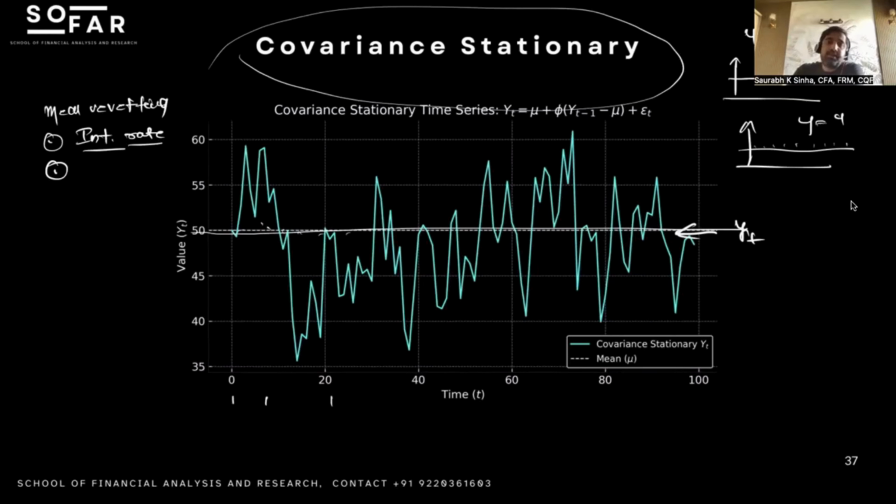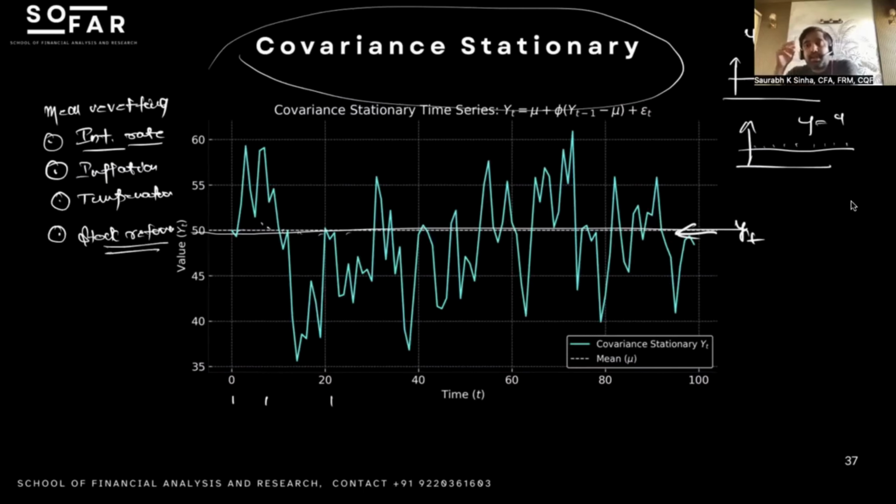Inflation. Yes, and definitely the temperature in India is generally mean reverting. What else? Stock returns are found to be mean reverting, not stock prices.